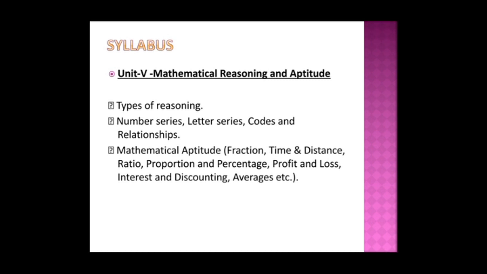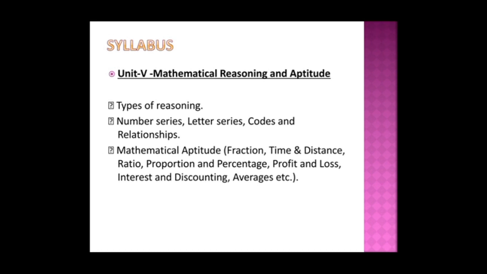And the next unit is mathematical and reasoning aptitude. In mathematical and reasoning aptitude, you should practice this section thoroughly, then only can you do the paper. Then types of reasoning and number series, letter series, codes and relationships. You will get all these practice questions from previous years. You just follow the previous year UGC NET question papers.